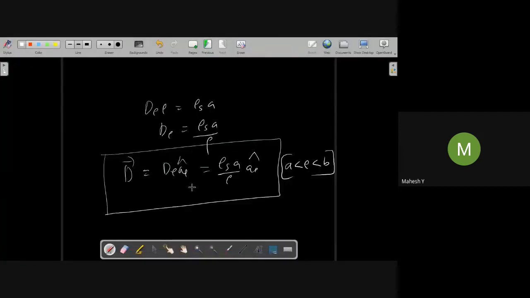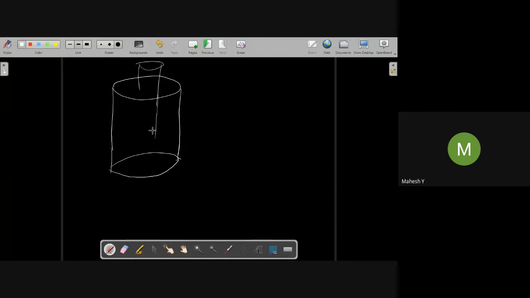So, can you derive the expression for D for an enclosed surface? Okay, so this is a cable.